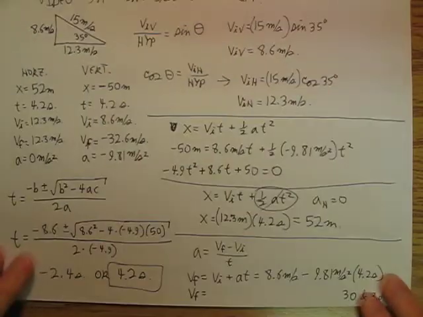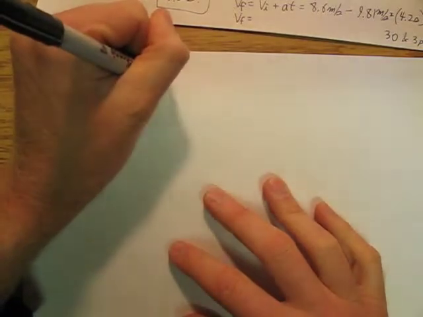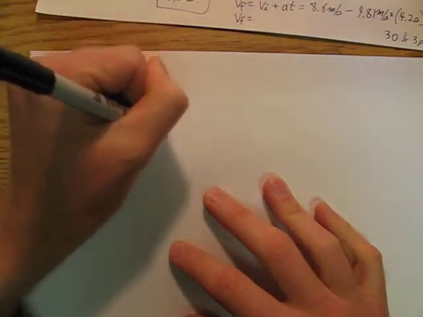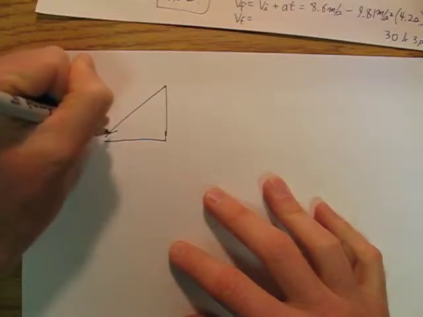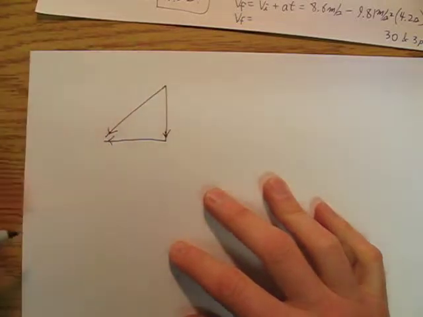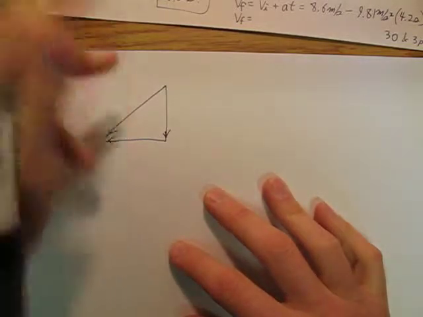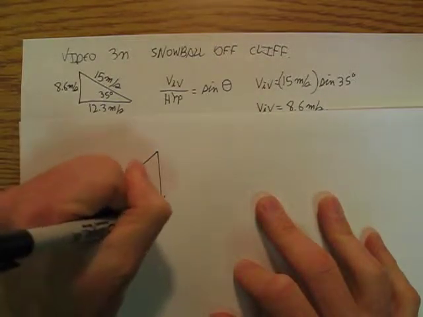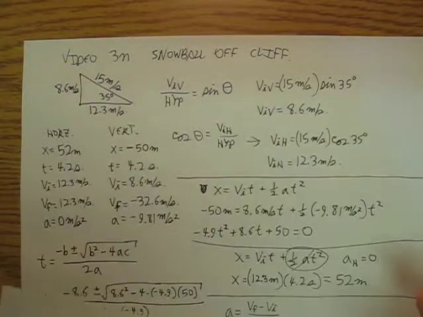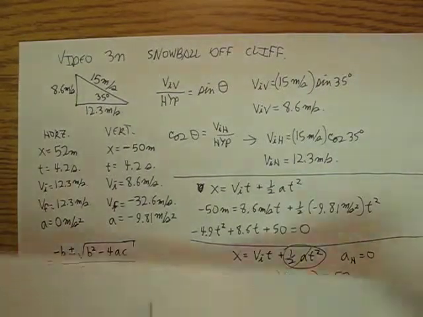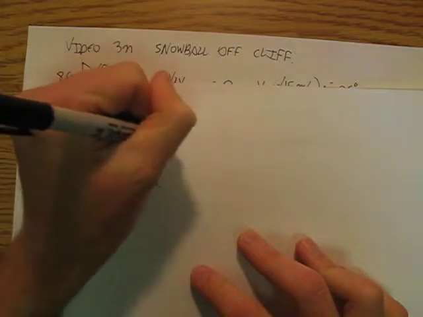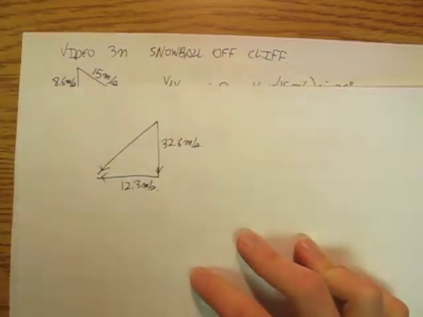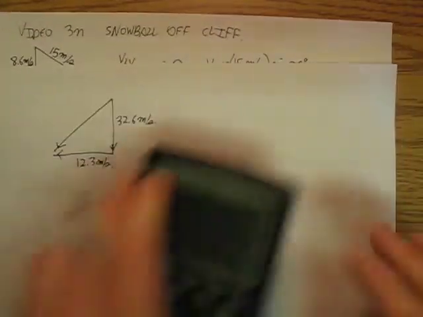Okay, now very quickly, that means that when it comes down, it's still going the same way at 12.3 meters per second. But now it's coming down at 32.6, and so I can use the Pythagorean theorem to solve that.